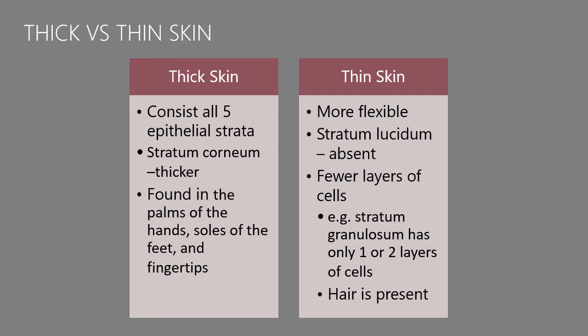So, kahit thick skin considered si palm and sole, but for the entire thickness, mas makapal pa rin yung skin ng back, even if it is a thin skin. Because the dermal layer of your back is thicker than the dermal layer present in your palms and soles.